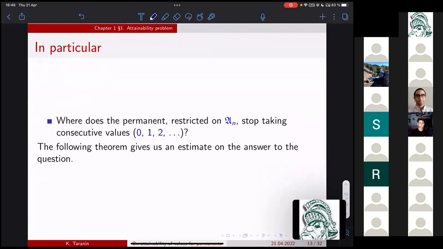Meaning that 0 is attained, apparently. Unity is also attained; we can just take the identity matrix. 2 is also attained if the order of the matrix is 2 or greater. And where does it stop?